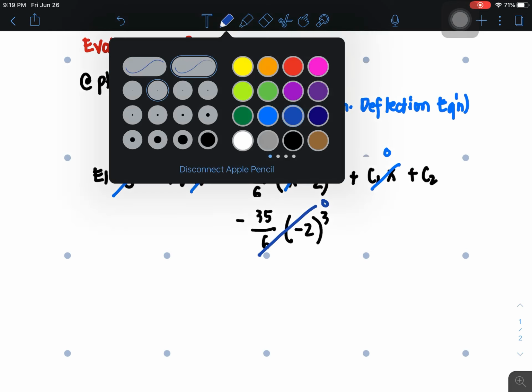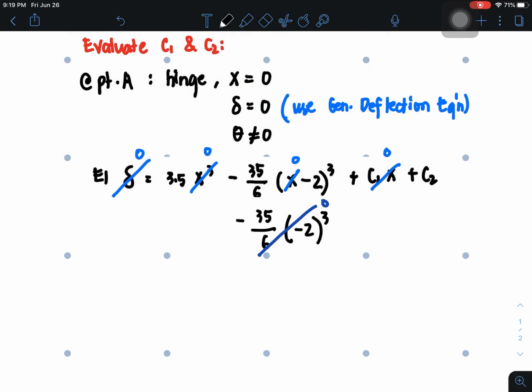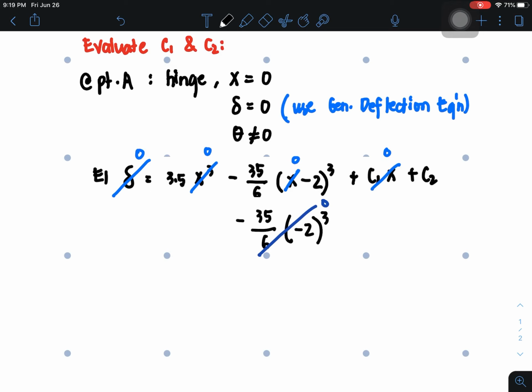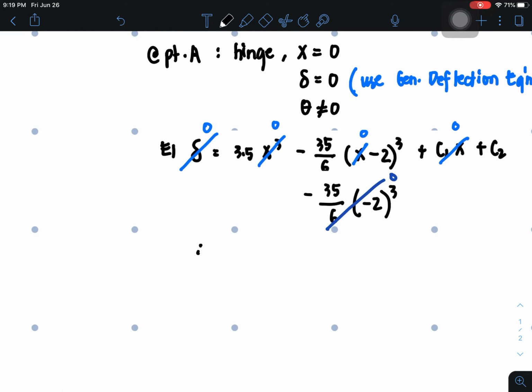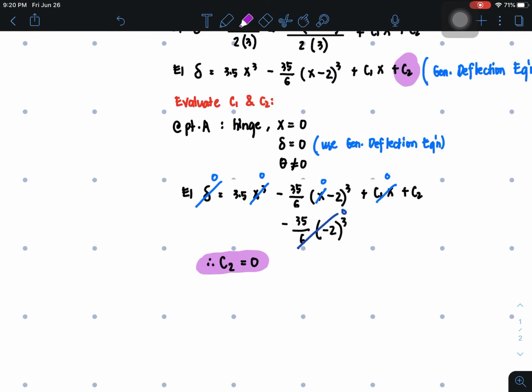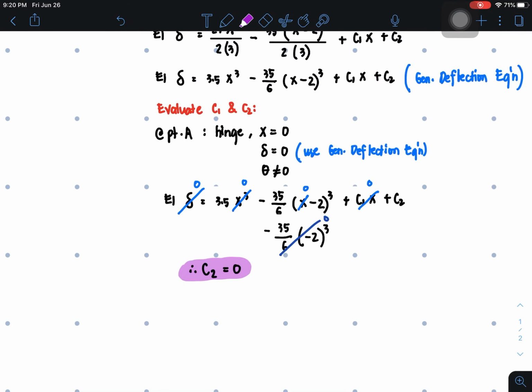So what is our equation? Only C2 remains, and everything else is 0. Therefore, C2 is 0. Let me box it, though that is not the final answer, so we just highlight it. This is the value of our C2. Later on, we're going to substitute this C2 there to make it the solution. So let us proceed.